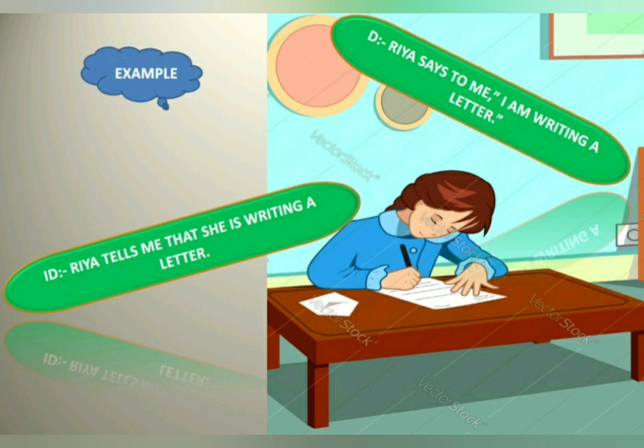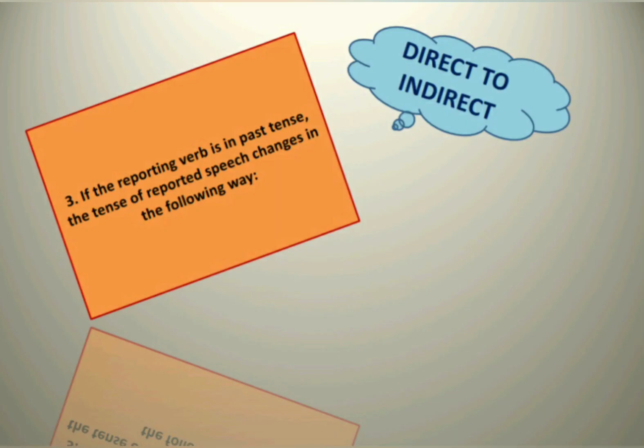Dear students, now let's see what happens when the reporting verb is in past tense. That means if your reporting verb is said. You know very well that said will become told normally while converting into indirect speech. But what are the other changes that will happen? Always remember, if your reporting verb is in past tense, the tense of reported speech will change in the following way.